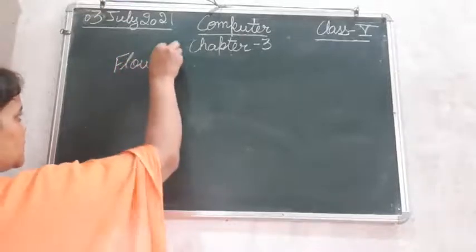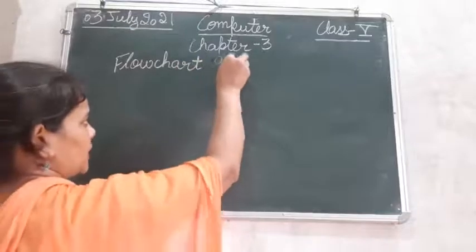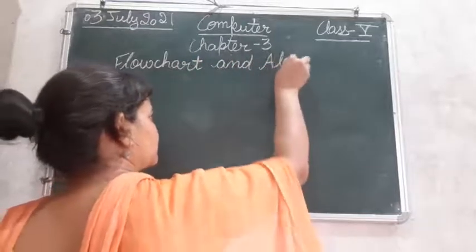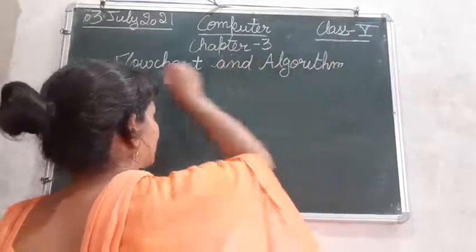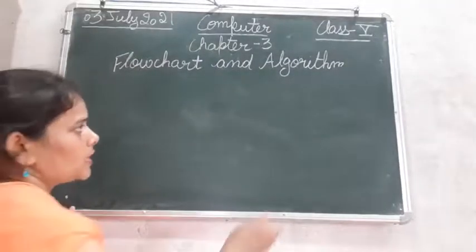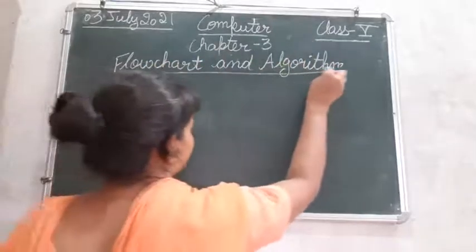This is the chapter name, flowchart and algorithm. So this was the topic that we were doing.